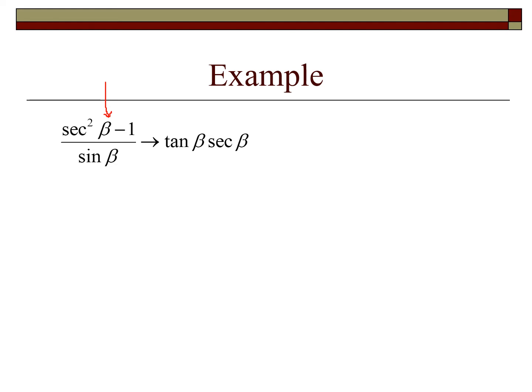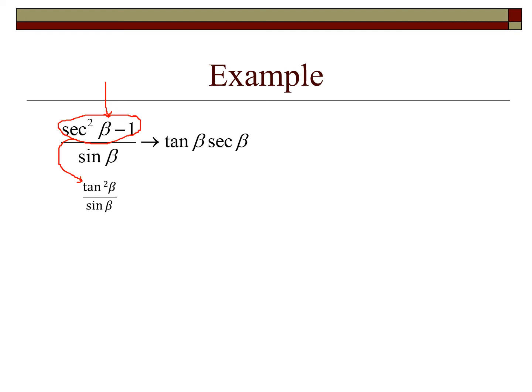A lot of times with these proofs, you have to kind of just recognize some things. Like this right here, you have to recognize that that's a property. It's tangent squared beta. Okay? So just remember that this is this. And then the sine beta on the bottom stays the same.